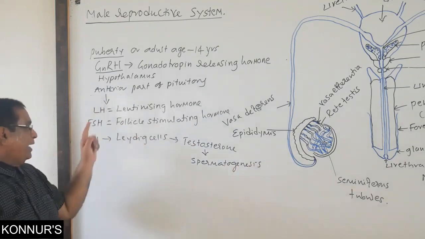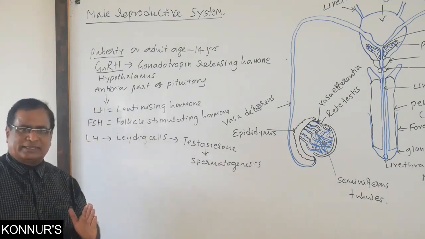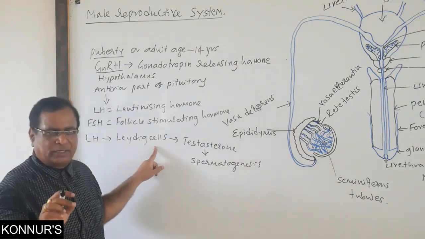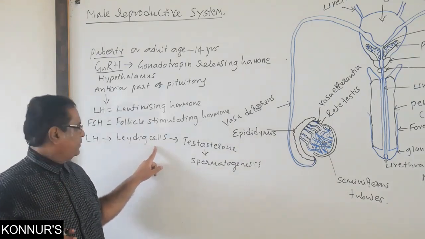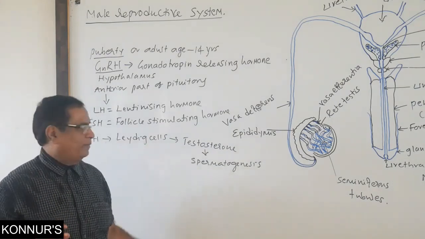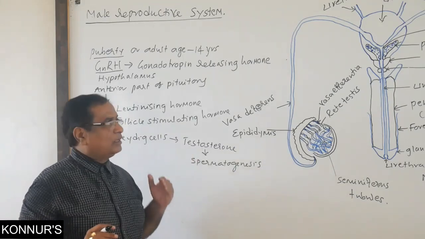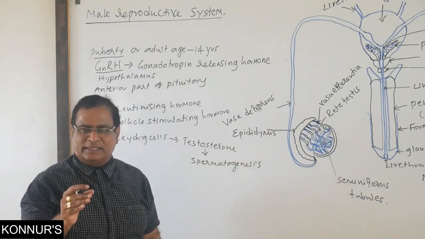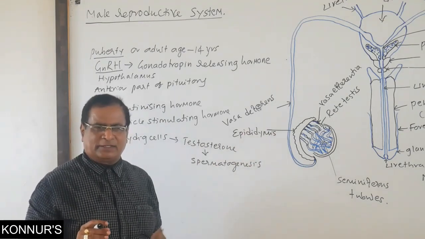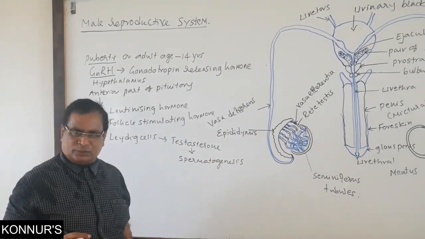See here the role played by the pituitary hormone LH. It stimulates Leydig cells, which are present in the interstitial space. These Leydig cells produce the androgen testosterone, which helps spermatogenesis. The spermatogonial cells within the seminiferous tubules produce sperms by the stimulation of testosterone.